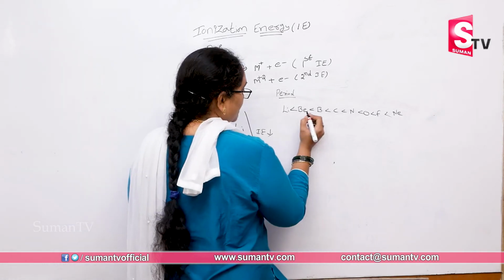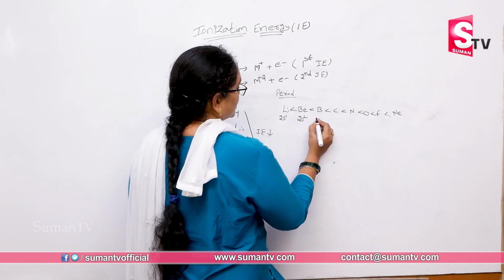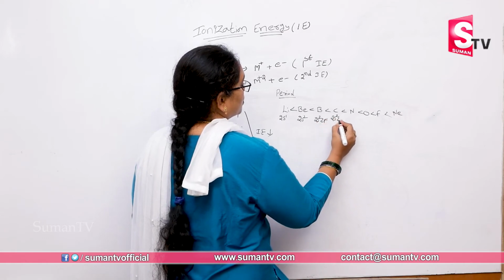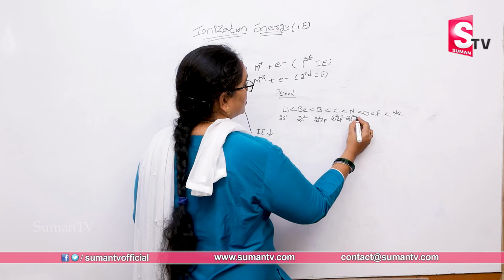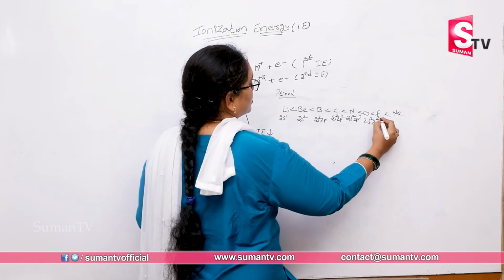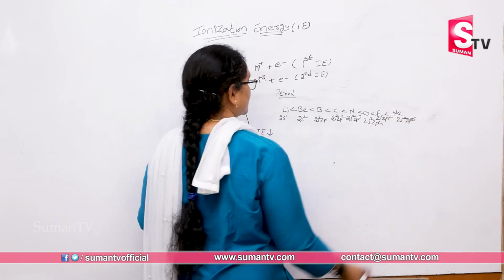Then when we come to their electronic configurations, it is 2s1, 2s2, 2s2 2p1, 2s2 2p2, 2s2 2p3, 2s2 2p4, 2s2 2p5, 2s2 2p6.